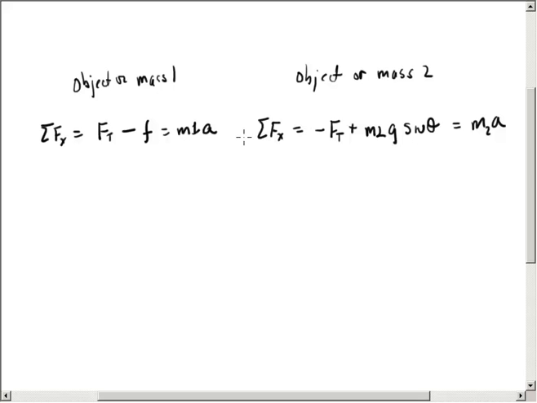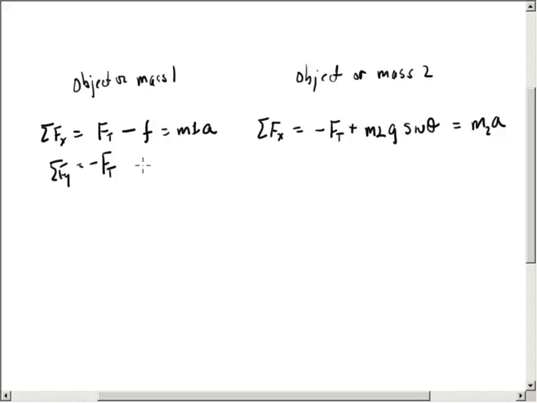Both have the force of tension in it, and we can obtain the frictional force in terms of the acceleration of the object. So let's add equation 2 to equation 1.